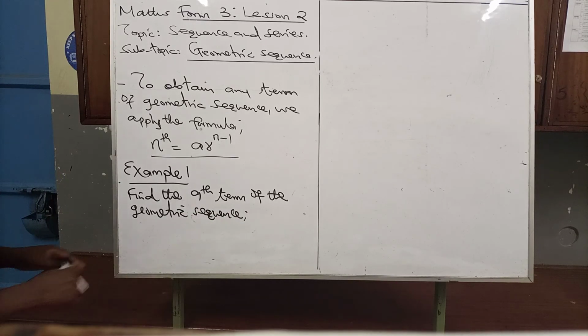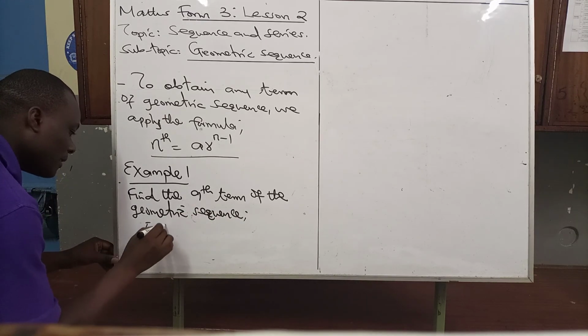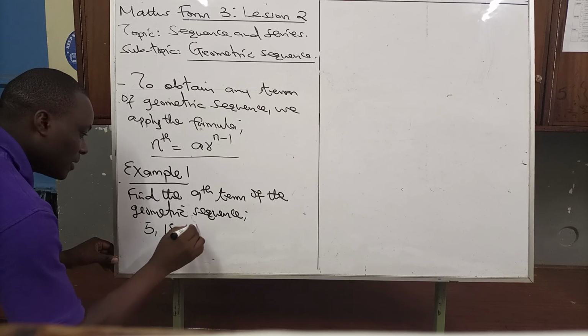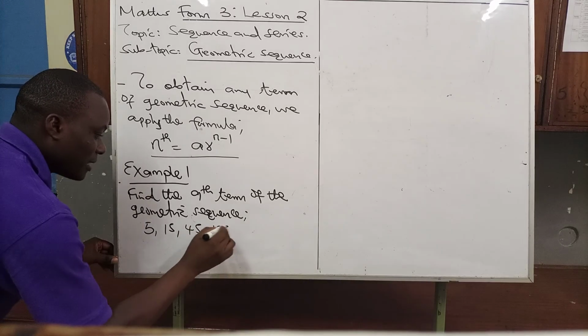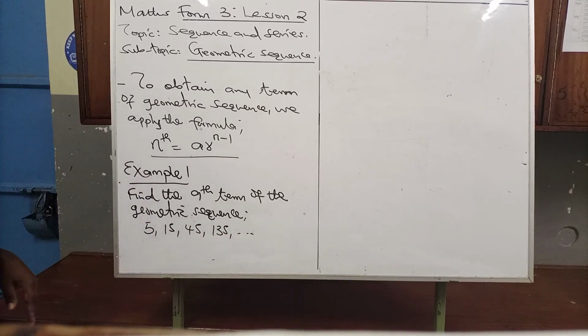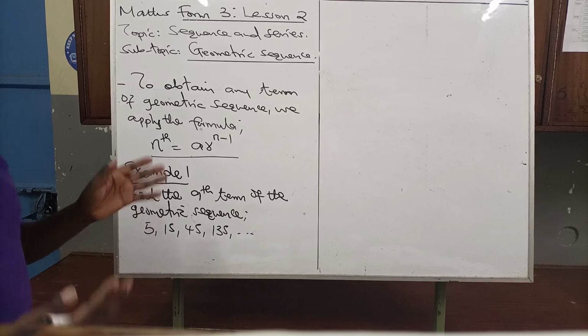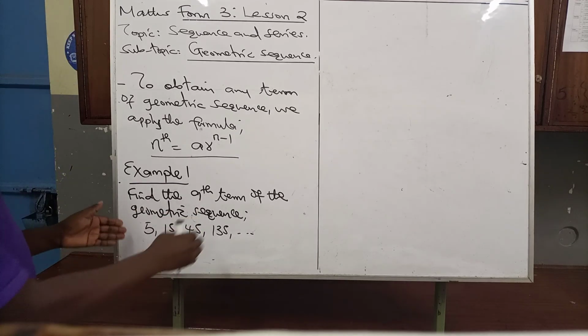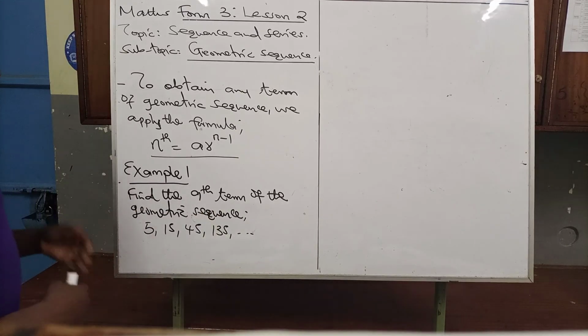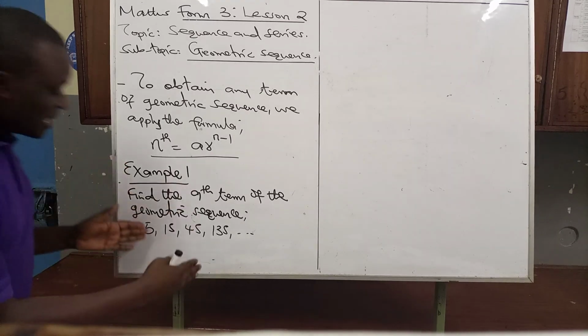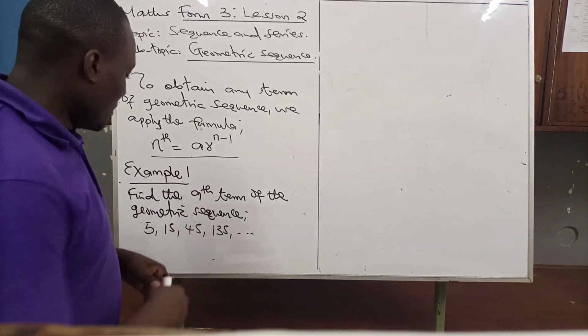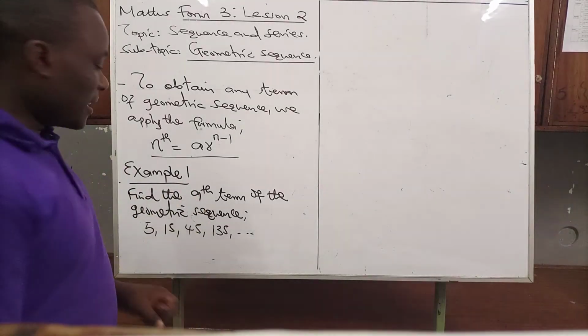We have been given 5, 15, 45, 135, etc. So that's our geometric sequence. And I want to remind you that what makes this sequence geometric is that it contains a common ratio and not a common difference.